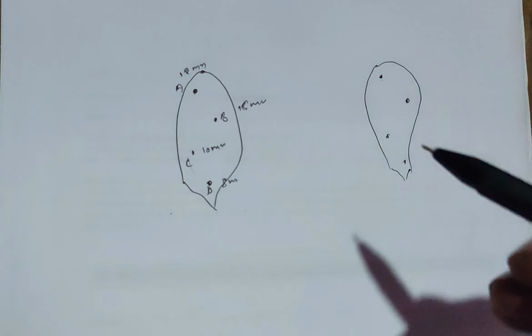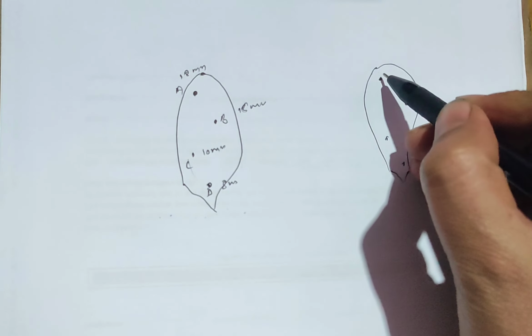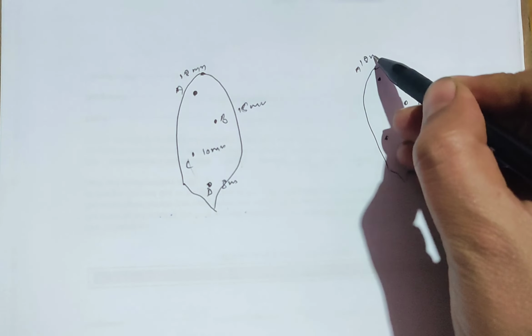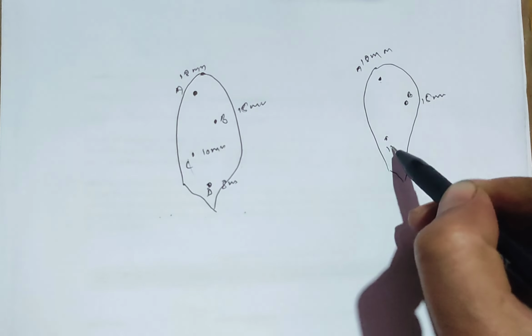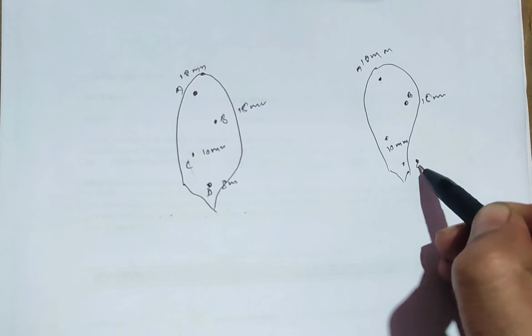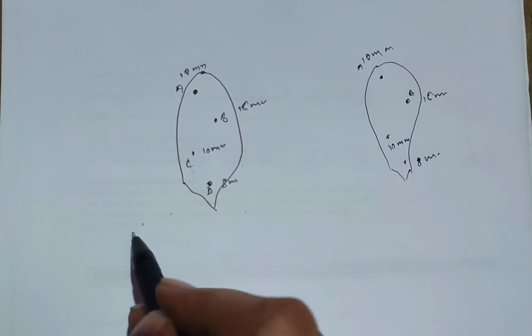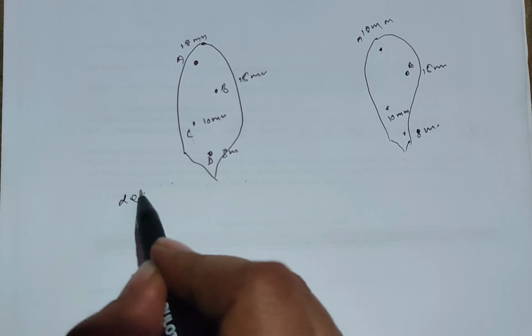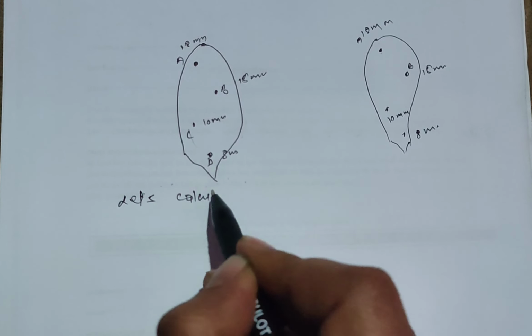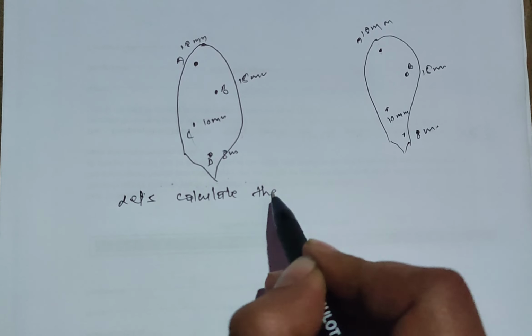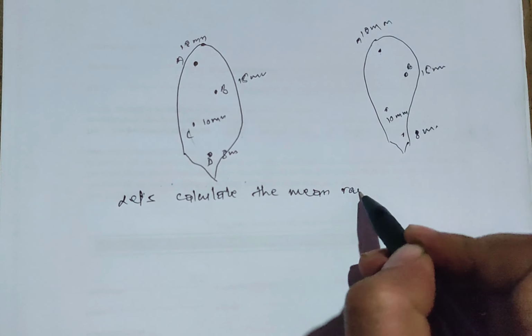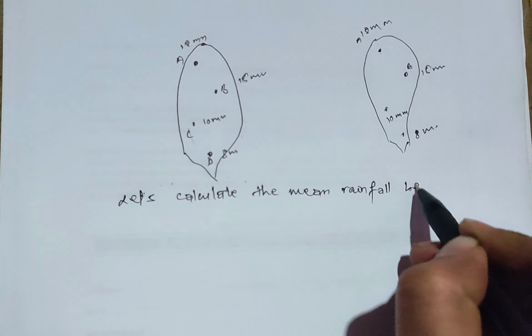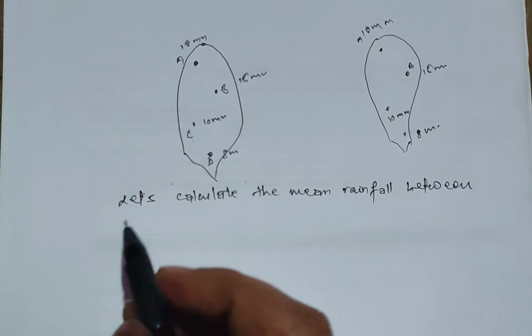As we have mentioned in our previous step, compute the area between two successive isohyetals and multiply them. In this, we'll compute the area. That is, this one is 18 mm, 15 mm, 10 mm, and 8 mm. So first, let's calculate the mean rainfall between two successive isohyetals.